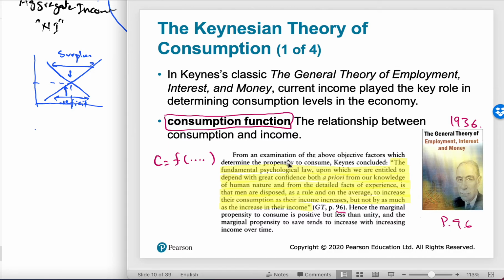From an examination of the above objective factors which determine the propensity to consume, I'm going to explain what he means by the propensity to consume.